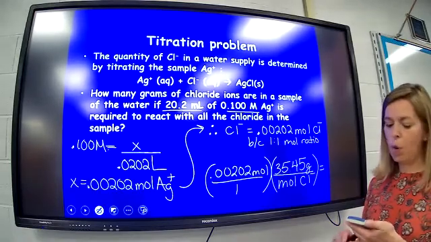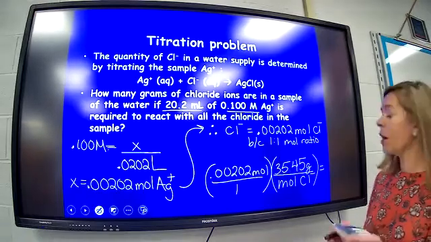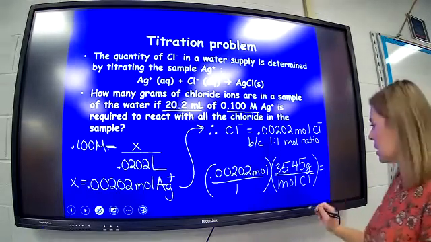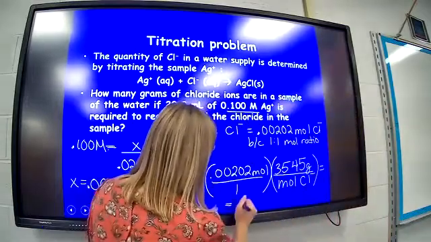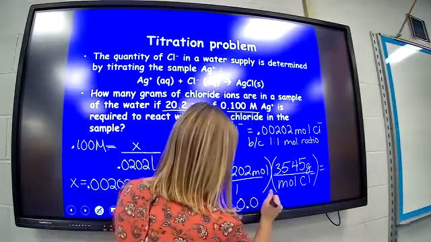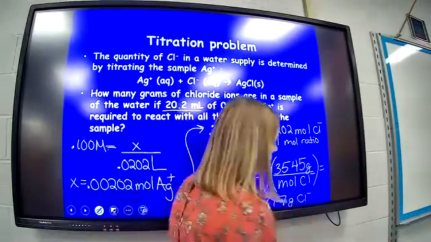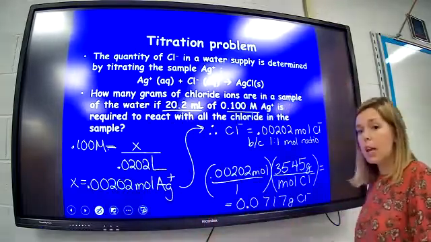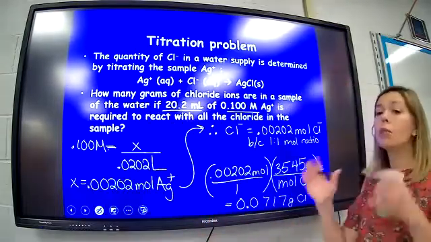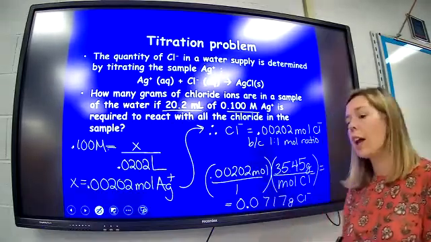So we just multiply those two together, and we get 0.0717, once that is all rounded, because we do want 3 significant figures. So 0.717 grams of chloride. Again, like I said, we could have found other things from this. If we had a volume, then we could find the concentration of the chloride.